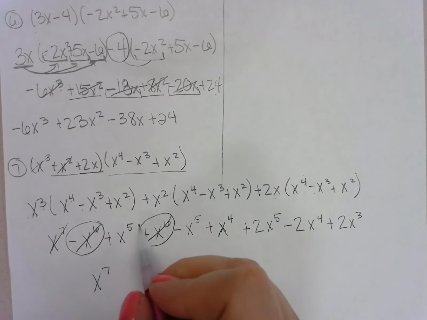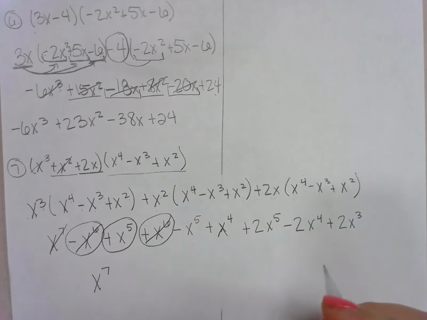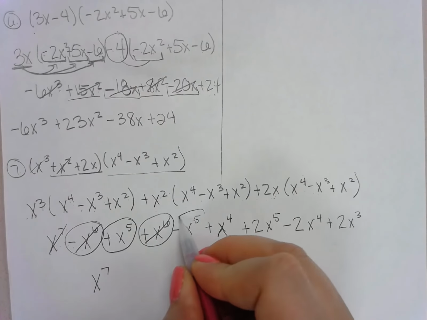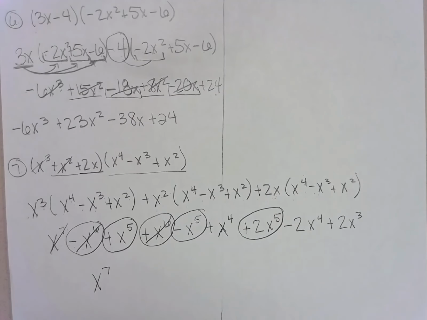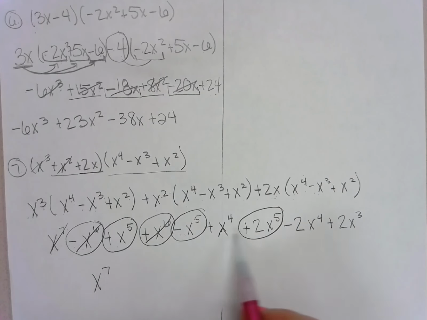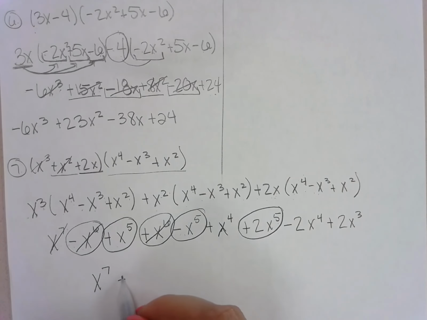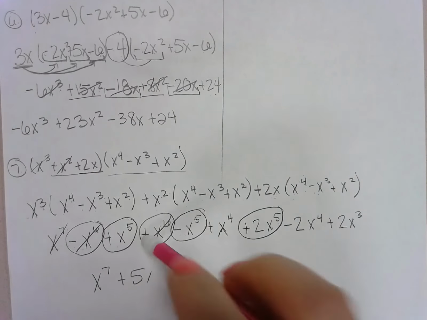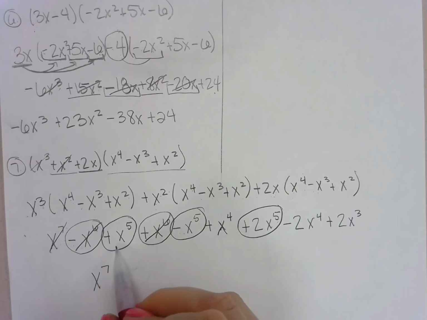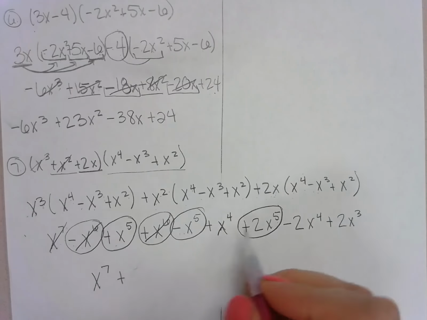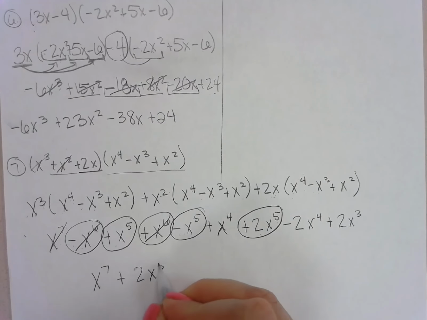Let's see. I've got positive x to the fifth, negative x to the fifth, 2x to the fifth. So if I add those together, positive 1 minus 1 is 0, and 0 plus 2x to the fifth is positive 2x to the fifth, not 5x to the fifth. Add numbers that don't happen. Positive and negative ones cancel each other out and leave me with 2x to the fifth.